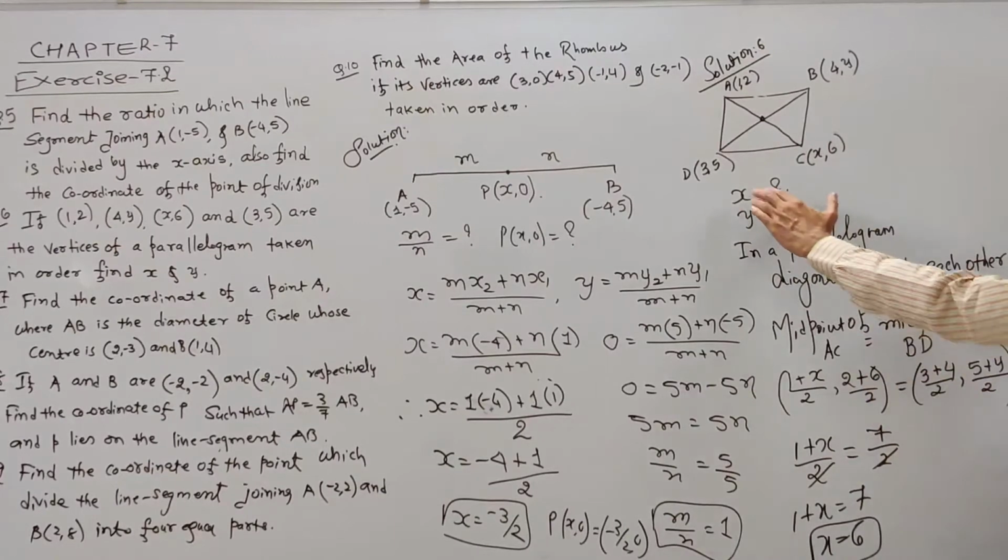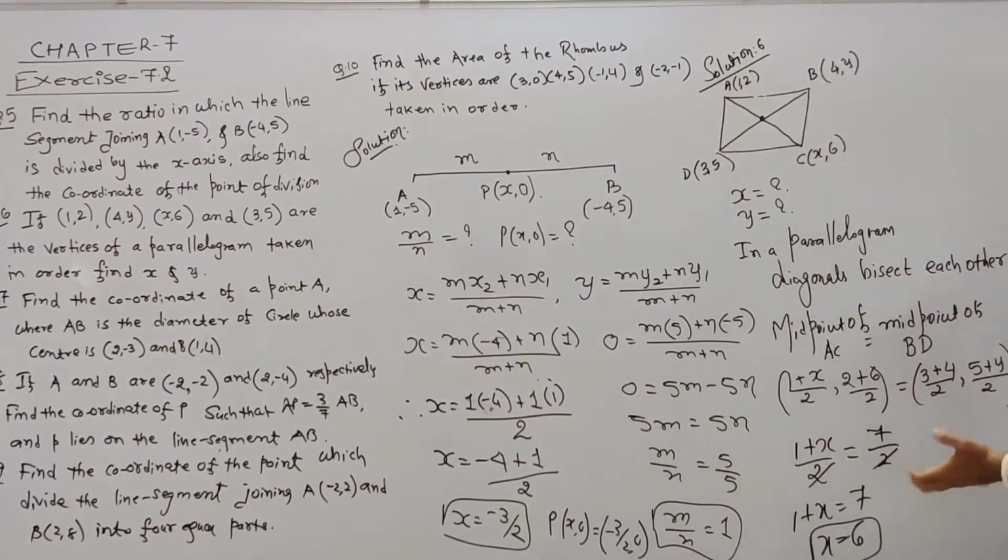Here your question is to find out the value of x and y. We found x by comparing the x coordinates of the midpoints of AC and BD. Now let me compare the y coordinates of AC and BD. 2 plus 6, 8, 8 by 2.